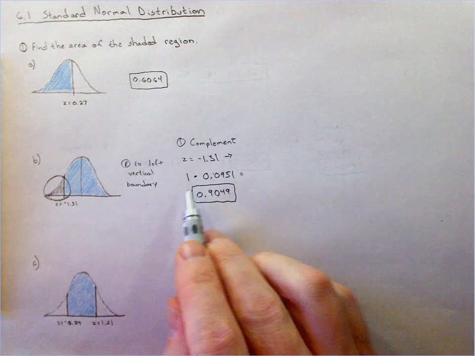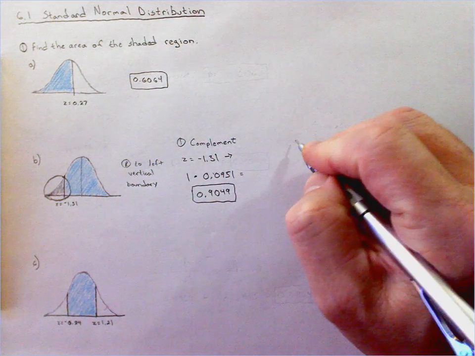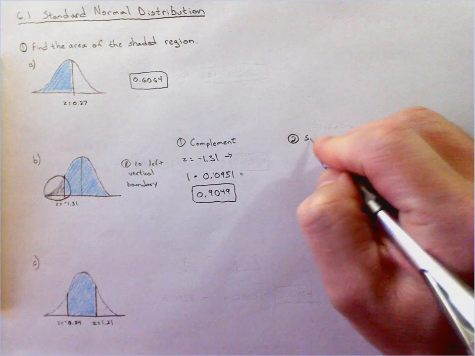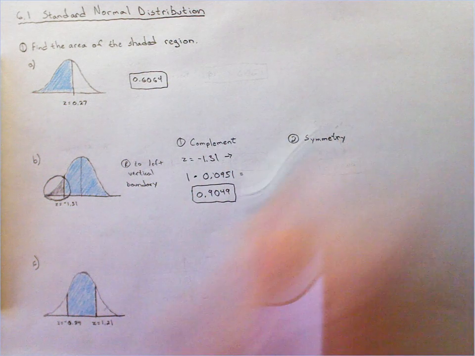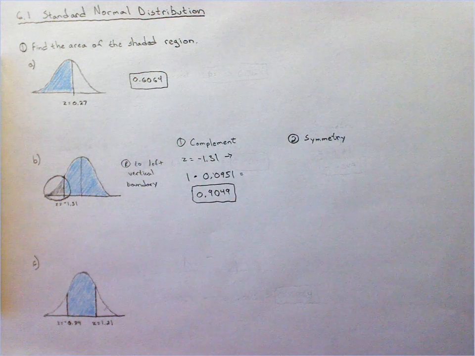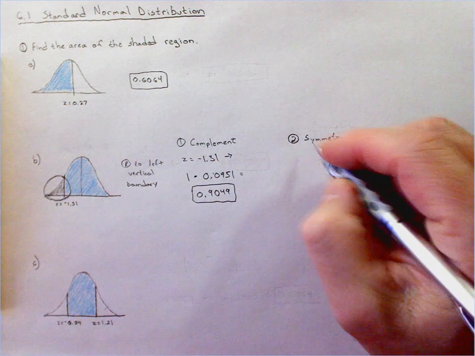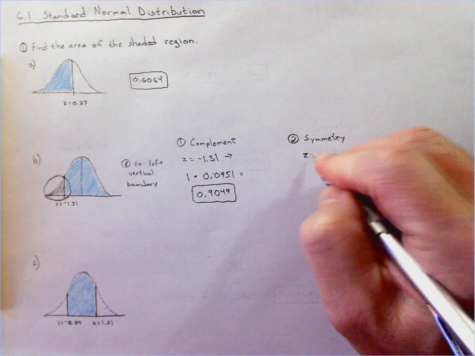And you'll see we use this a lot. We use that everything sums to 1 in subsequent chapters. But there's also another way that you can work this. Because under that density curve, I talked to you about there being symmetry. If my density curve shaded area is flipped, going from right to left from a vertical boundary, instead of using a negative z-score, use the positive, use the opposite.